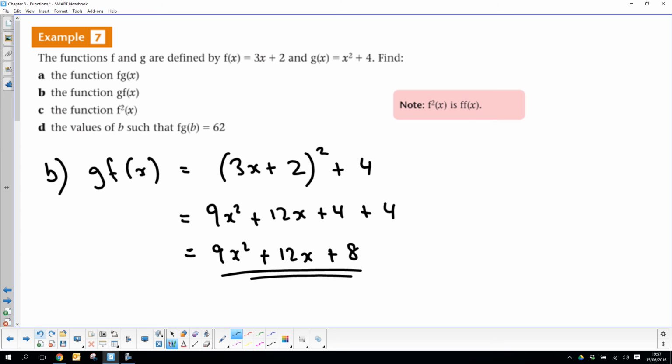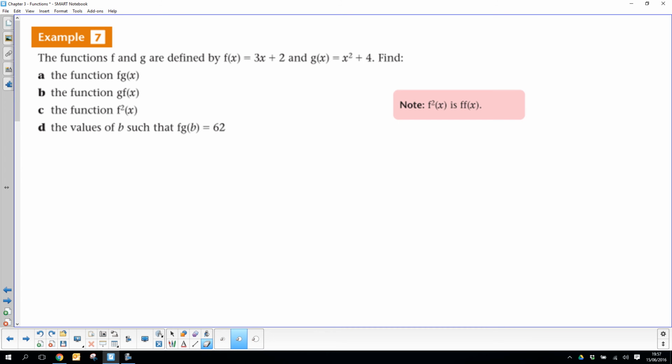Part C, much of the same, but this time we are going to use f squared. So f squared of x just literally means do f of x and then do it again. So it's sort of like doing the same thing twice. So we're going to start with 3x plus 2, that's the original function, and then that's going to become our x value.